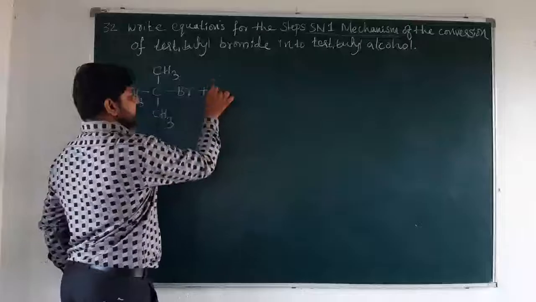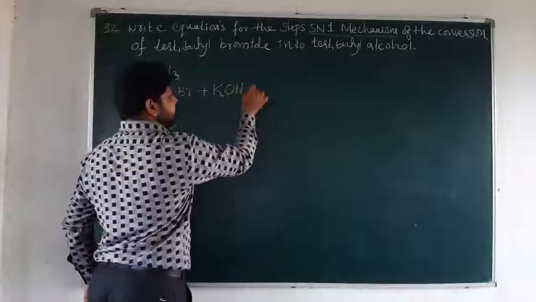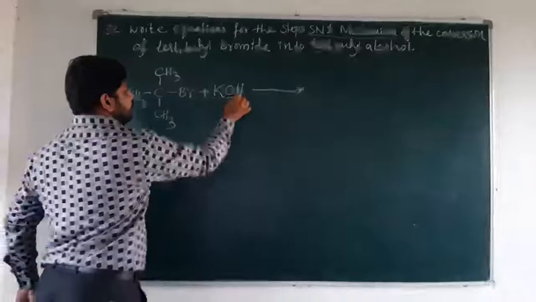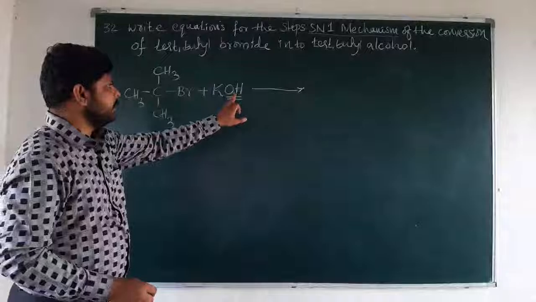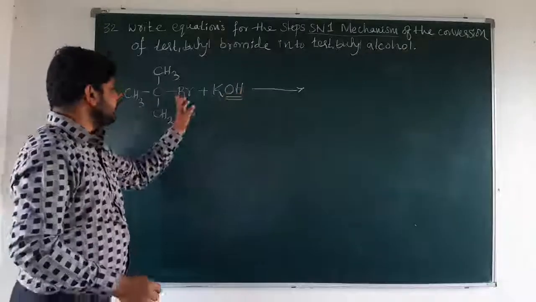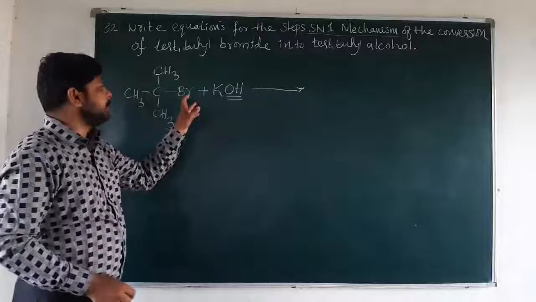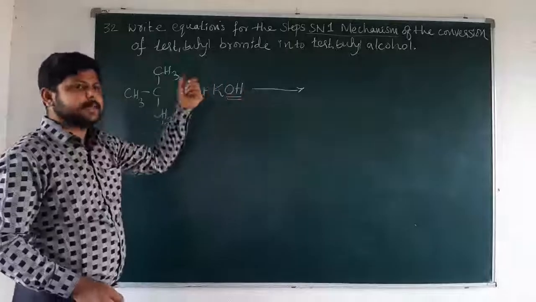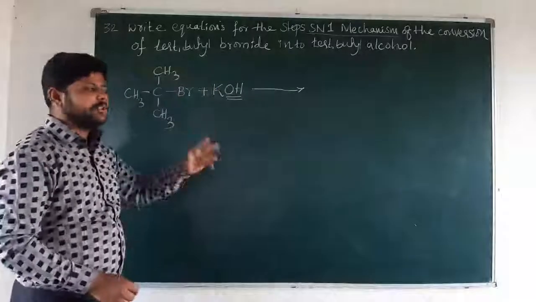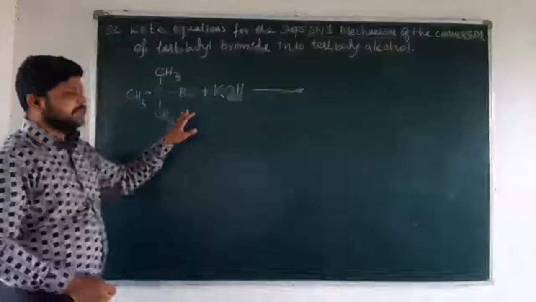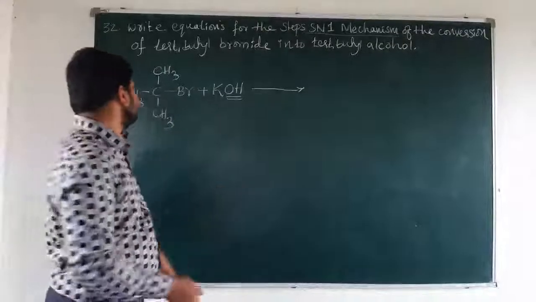When this reacts with KOH, potassium hydroxide, it gives, here OH is a nucleophile. You should remember OH is a nucleophile. Here Br minus will be the leaving group. OH minus substitutes the Br minus, so it will be called a nucleophilic substitution reaction.